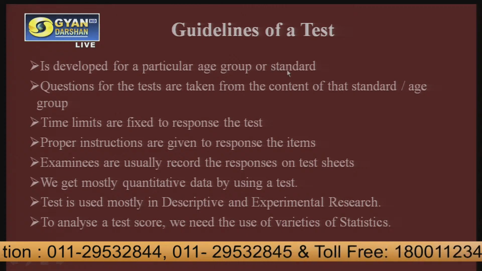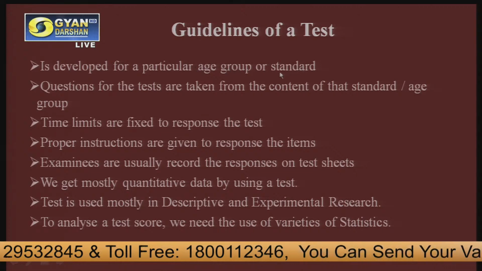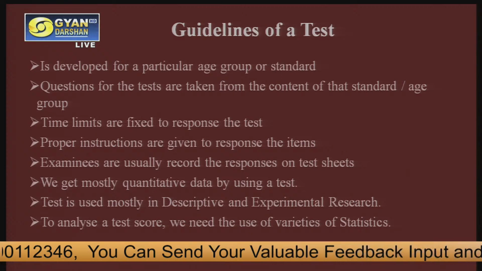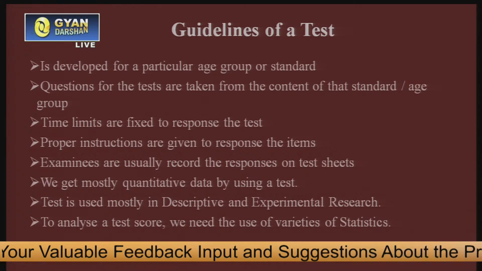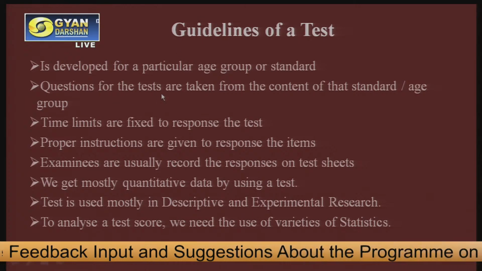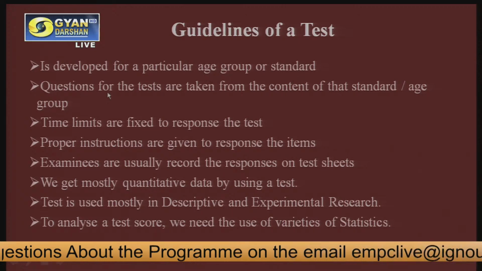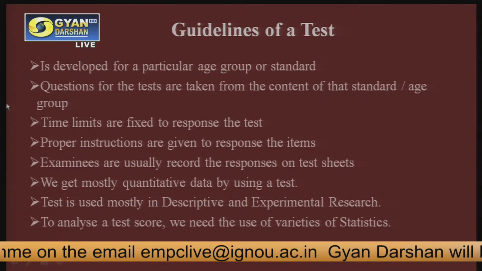Standard means class 9th or 10th if it is secondary, or 11th and 12th as per NEP 2020. Now 11th and 12th is also considered secondary, starting from class 9th to 12th. So the questions should be based upon a certain age group as well as a certain standard. Then questions for the test are taken from the content of that standard or age group.